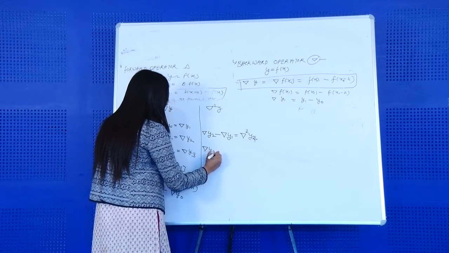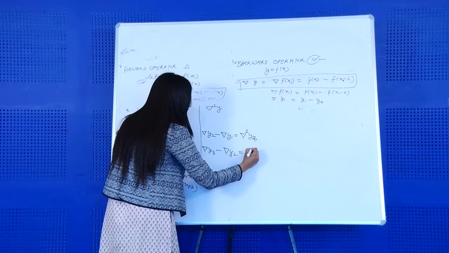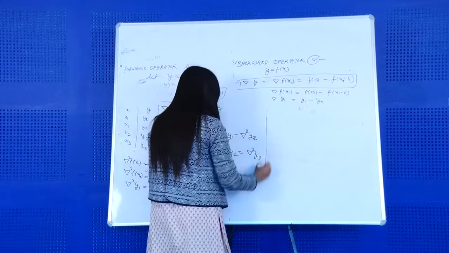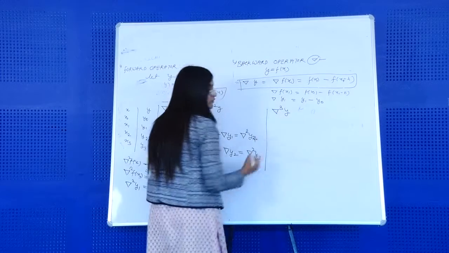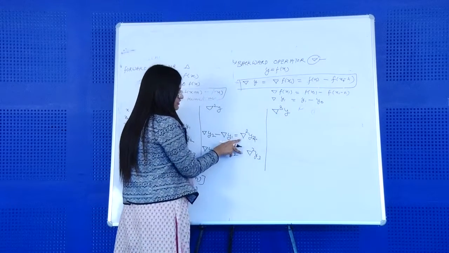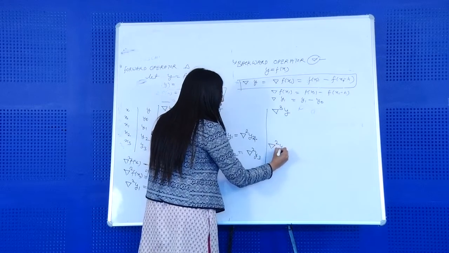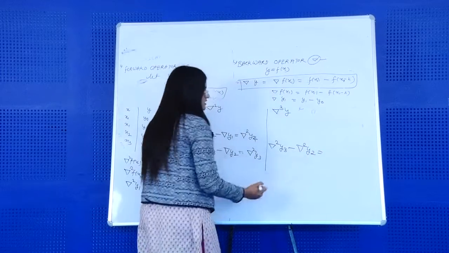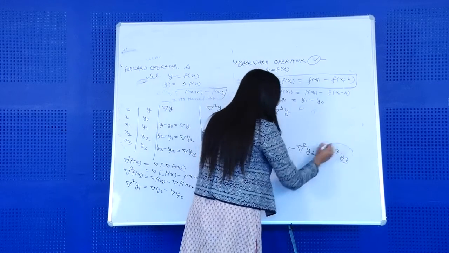Nabla of y3 minus nabla of y2 always gives nabla square of y3. And the last column is nabla cube of y. It is the difference between two second order values, like nabla square of y3 minus nabla square of y2. It gives the nabla cube of y3.